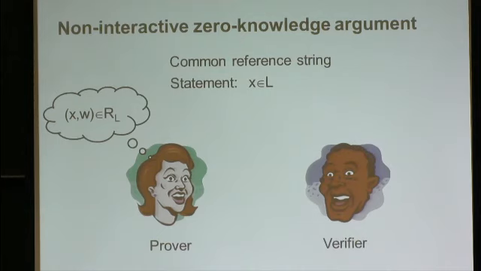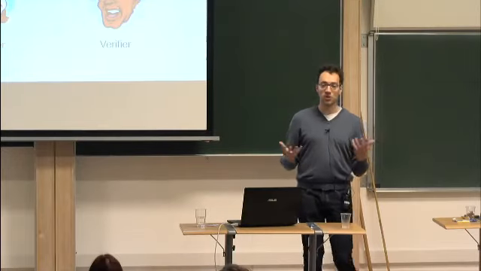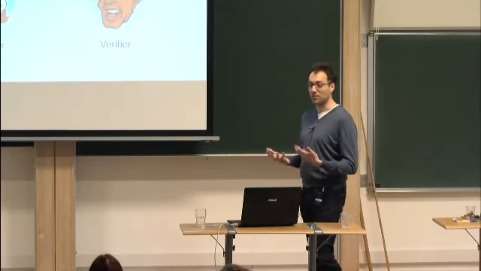There will also be a common reference string, some distribution of bits. It could either be a uniform distribution of bits, or some specific distribution of bits generated in some trusted way. It would be nice to do non-interactive zero-knowledge arguments without a common reference string, but we don't know how to do that. We need some sort of setup assumption.